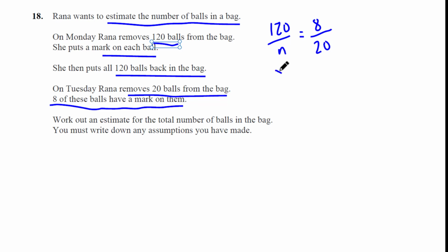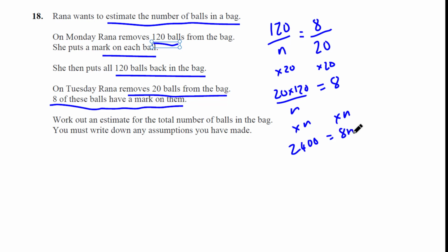So if we times 20 on both sides, we would get 20 times 120 equals 8 over n, and you can jump this step, so times n on both sides, get n on the top. We're going to get 2400 equals 8n. So we just divide by 8 on both sides to get the total number of balls, and that is 300 equals n.